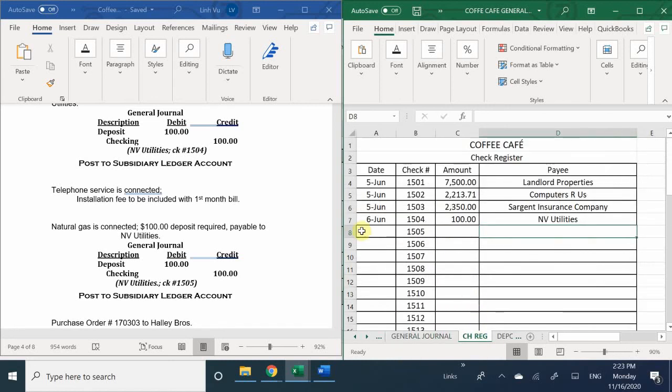So here we are, June 6th. We wrote another $100. And the check is out to the same place, NV Utilities, so that is also going to stay the same. And I've already filled in the information for you, 1505.